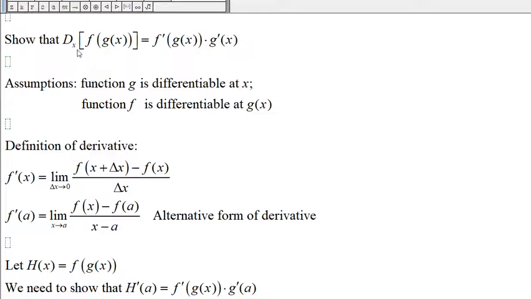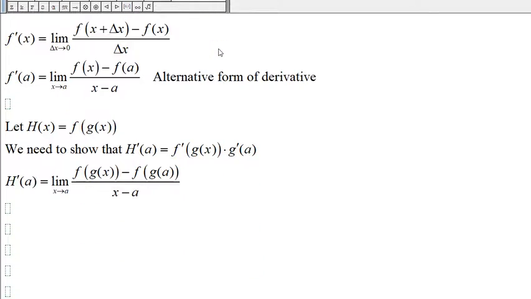Again, we want to show that the derivative of f of g of x is the derivative of f at g of x times the derivative of g at x. First, let's call the composite function h of x, and we will use the alternative form of the derivative to show that the derivative of f of g of x is the derivative of f times the derivative of g.